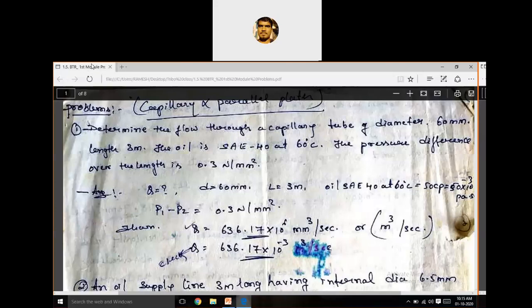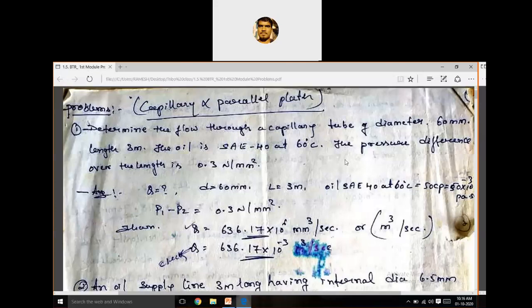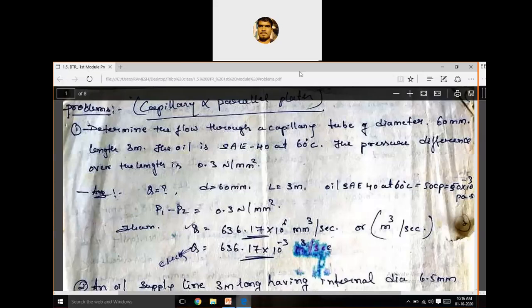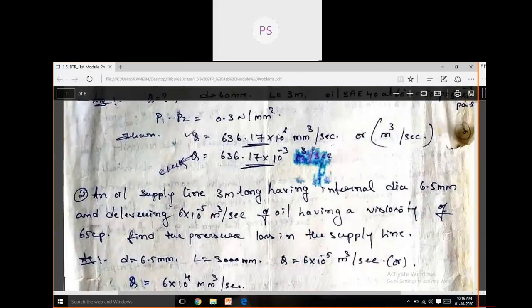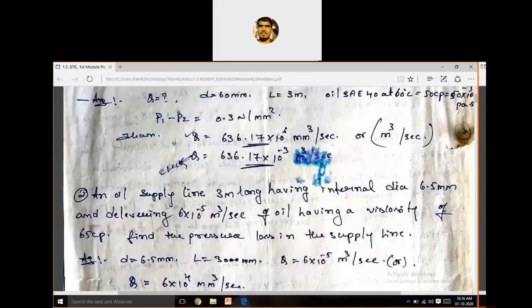Clear? Is the first problem understood? Write down the second problem.